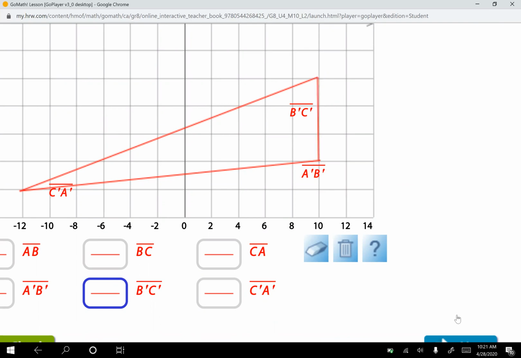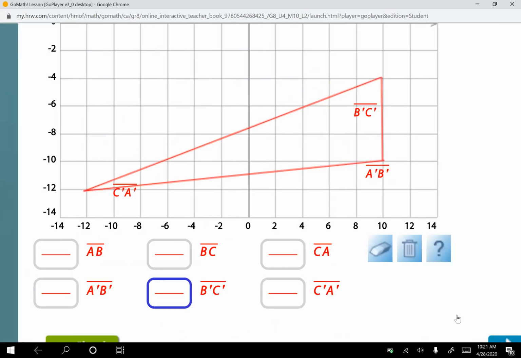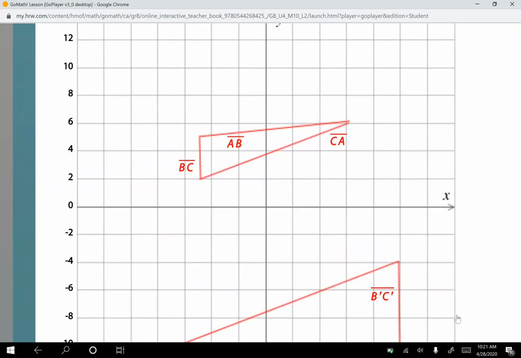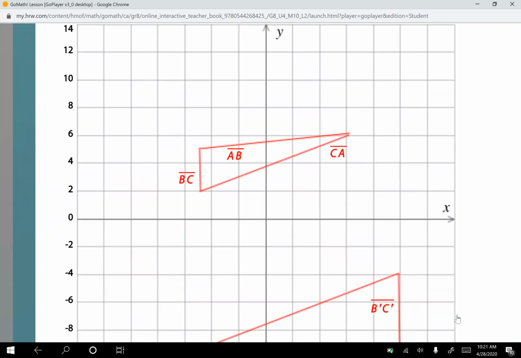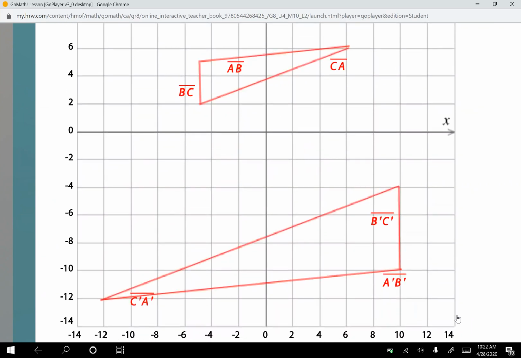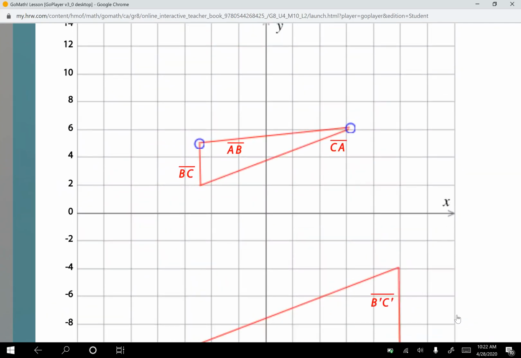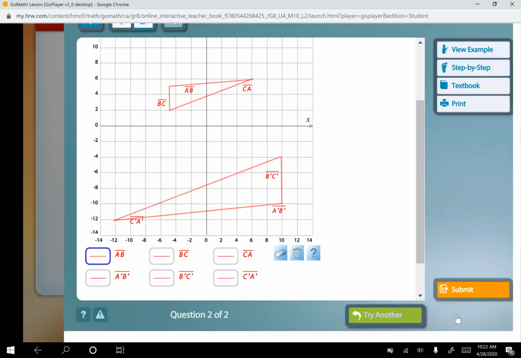Okay, that looks better. That looks good. And that one might be a little bit off, but let's see if that works. Okay, and then we said this one. I think it was AB. There it is. Hopefully this doesn't mark me wrong.